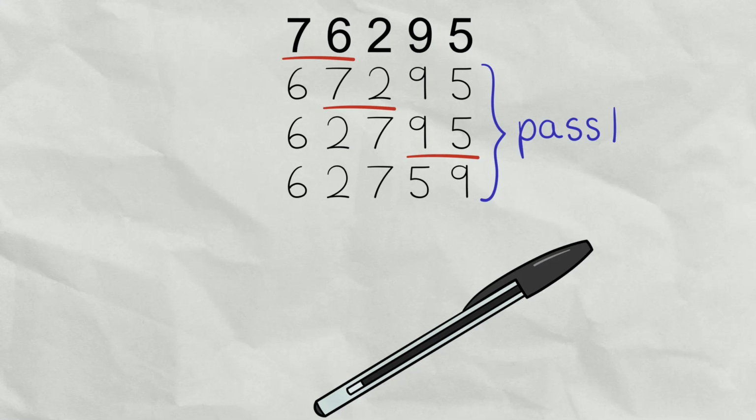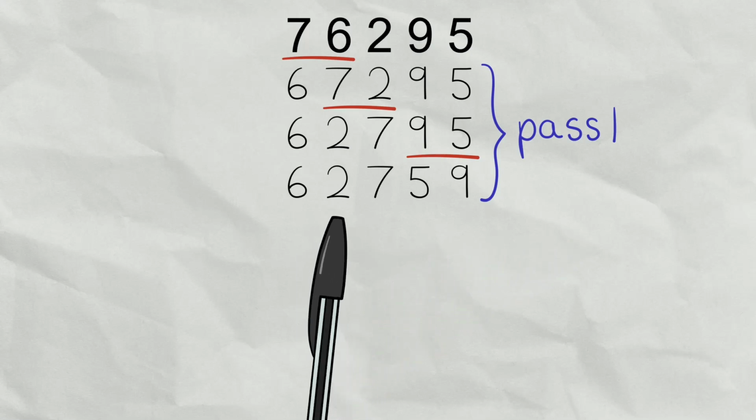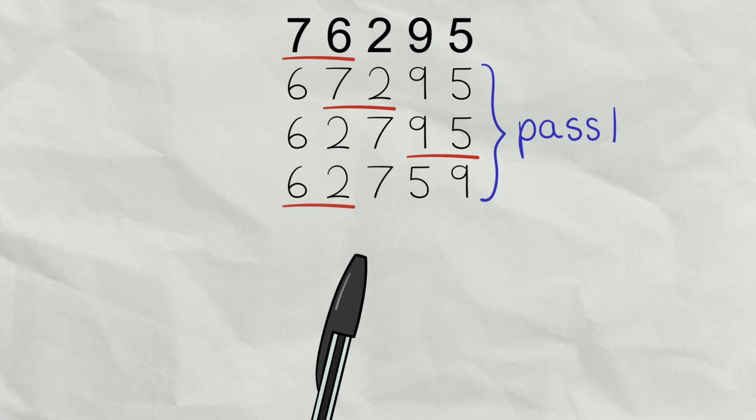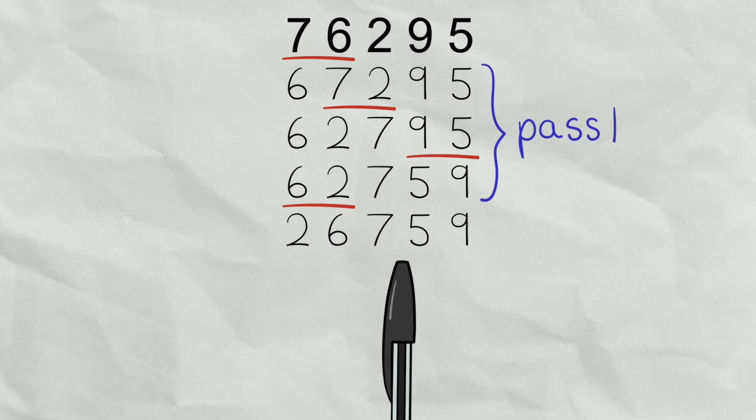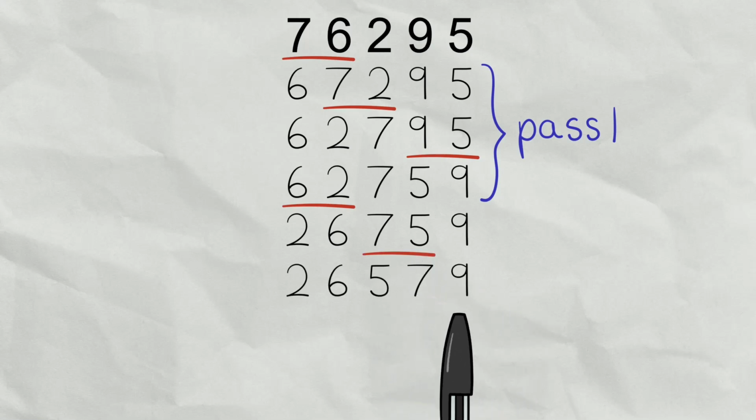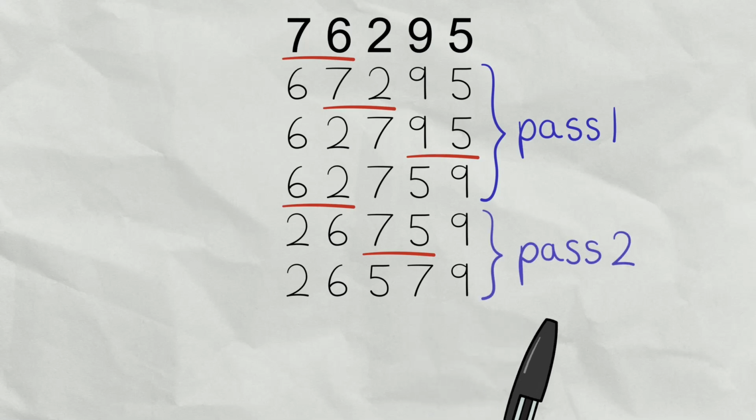We are now going to continue with pass 2, of course starting with the first pair. Let's highlight pass 2. Next, pass 3.